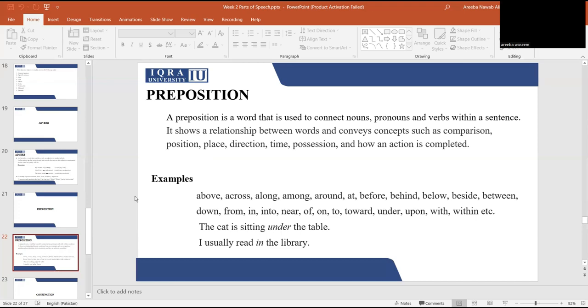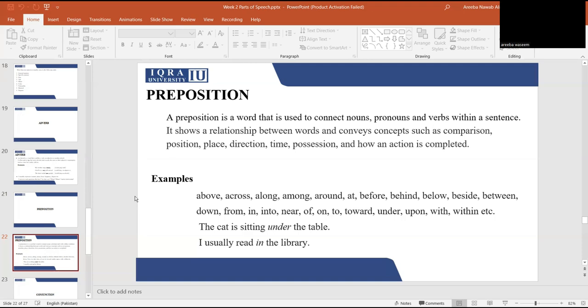So basically, a preposition is something that connects your nouns and pronouns. Like the pencil is on the table. Pencil is a noun as well as table. Both of these are nouns. And what is connecting them? It's on. And on is our preposition.